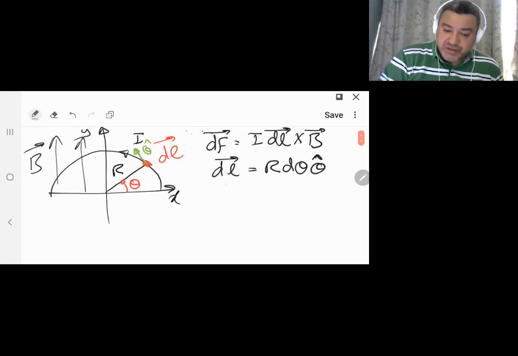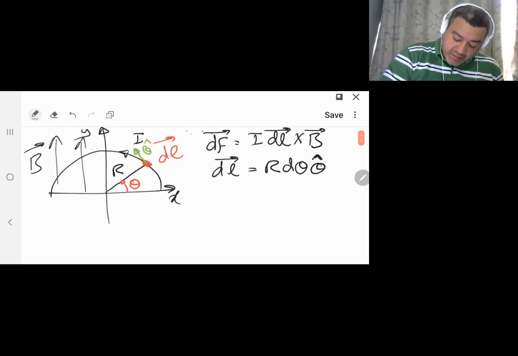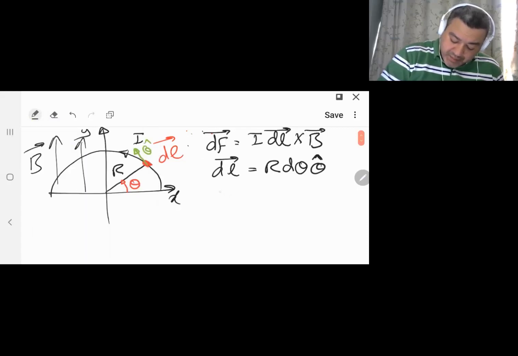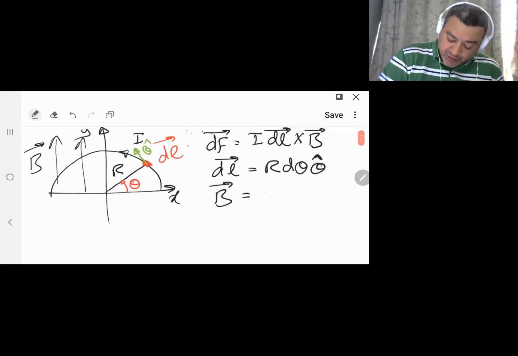So this is my differential element dL. My magnetic field B is uniform along the positive y, which means it is B_y, the y component, j hat.